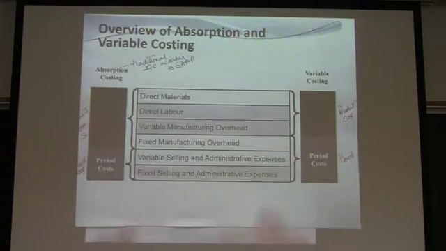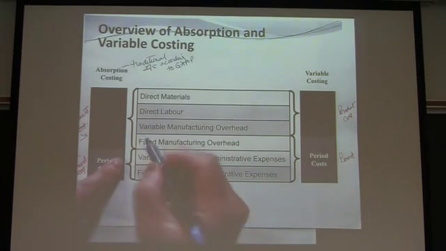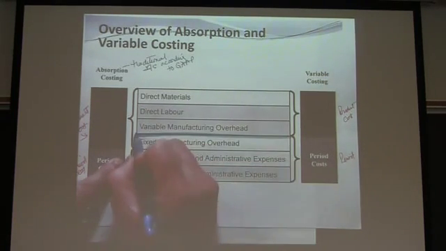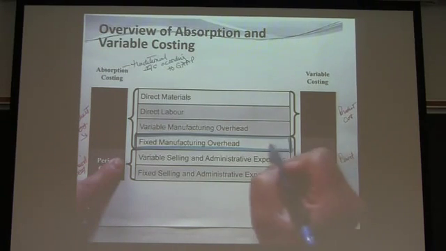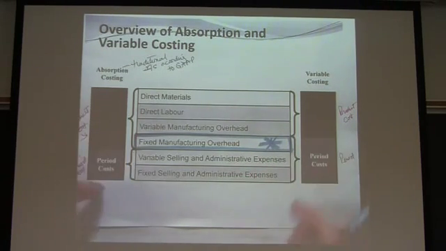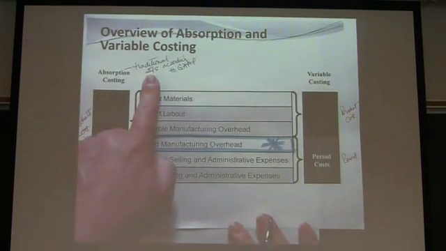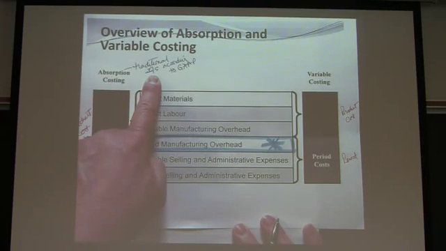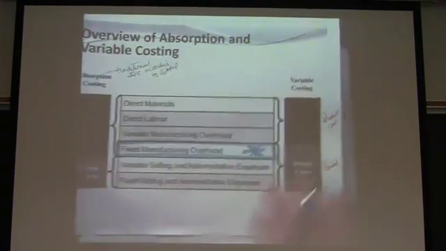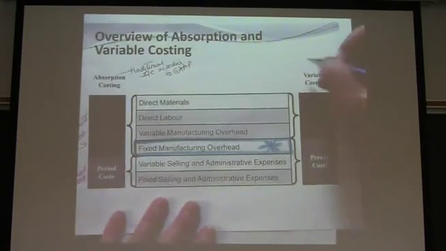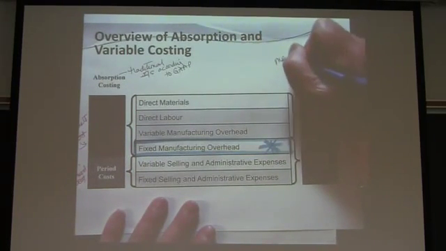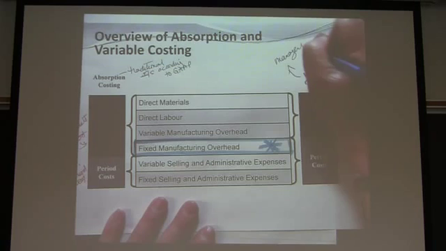So the difference really lies in this area. This is the difference. So this is the only difference between these two methods. Now, this is allowed under the traditional financial statement reporting, but this one is not. So this is only for management reporting.